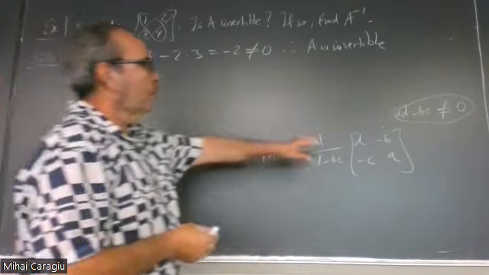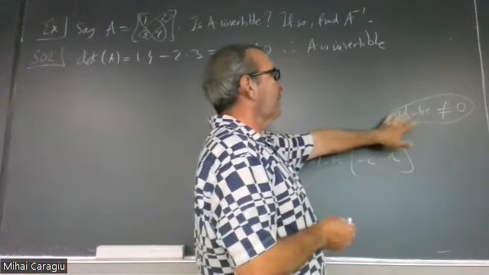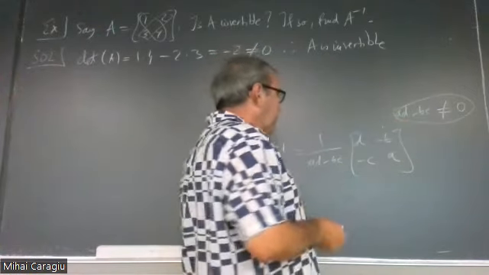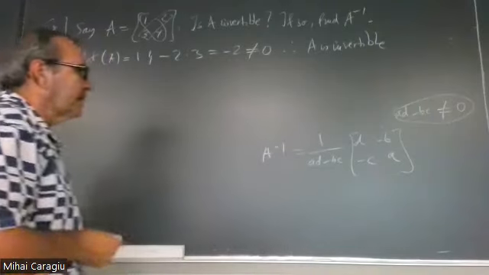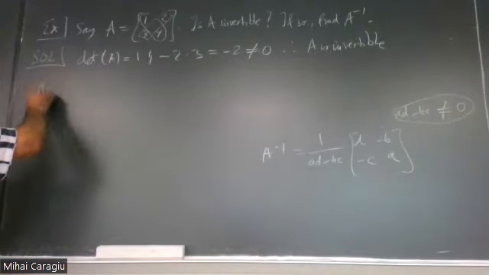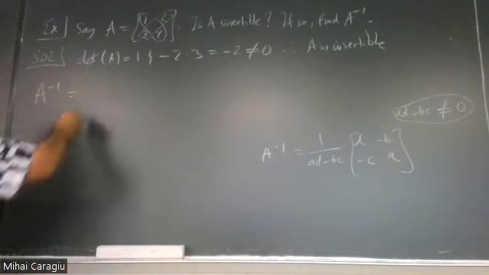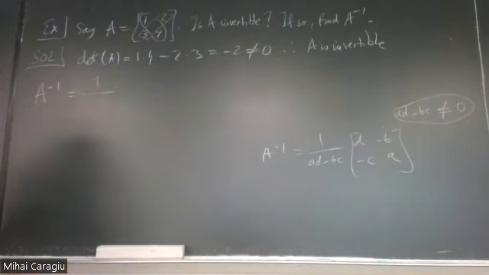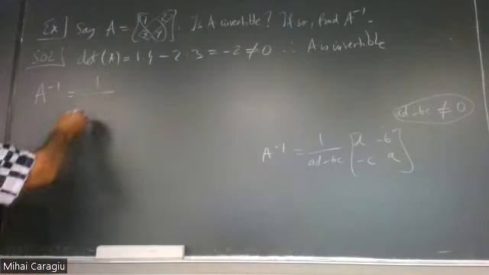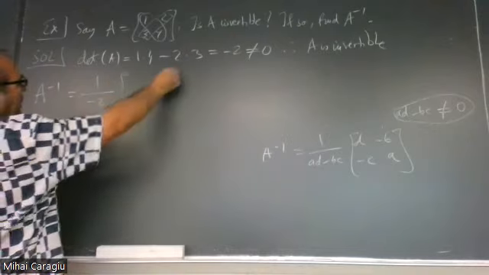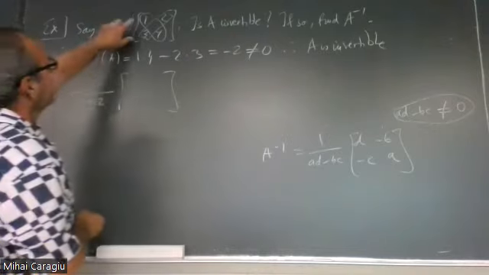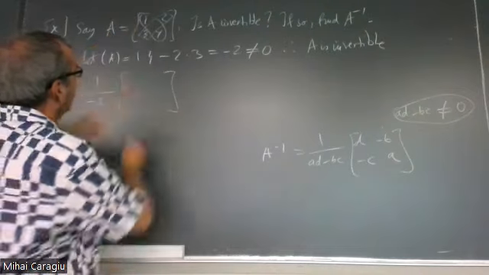Once we have checked this, we use the formula for the inverse matrix. Then A inverse will be 1 over the determinant. You already got that the determinant is minus 2. So it's 1 over minus 2 times the matrix in which the main diagonal elements are flipped: instead of 1, 4, we get 4, 1.